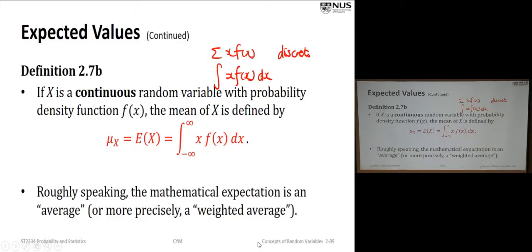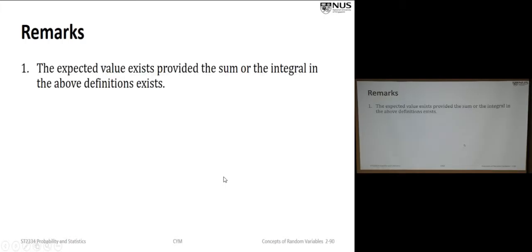So you may consider the expected value to be a weighted average. Each value is weighted by its density, or by its probability or proportion. All right? The expected value exists provided that the sum or the integral exists.